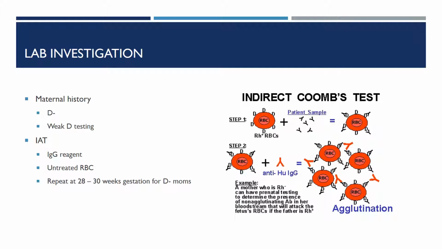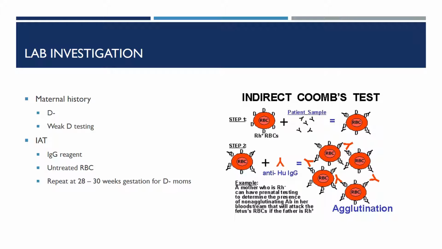And to do that, we just do the indirect Coombs. We do an IAT test, which is essentially an antibody screen. That's basically what you're doing. And it has to be done with IgG antiglobulin and with untreated red blood cells. You're not going to use the polyspecific antiglobulin because remember, you're looking specifically for antibody. You're not looking for complement.